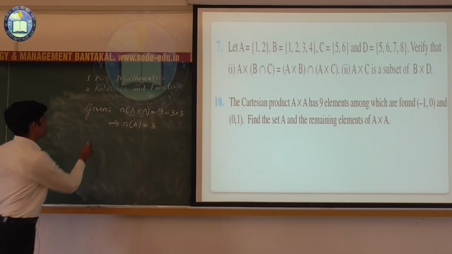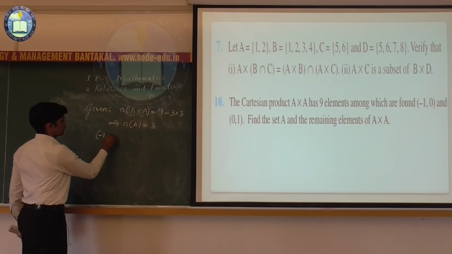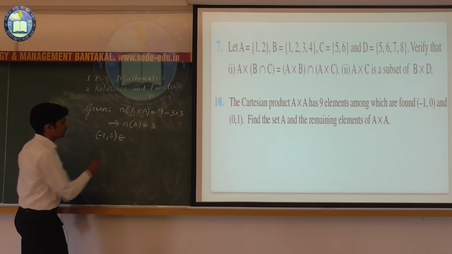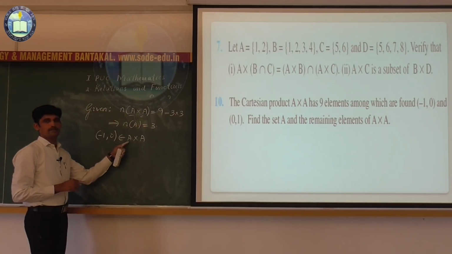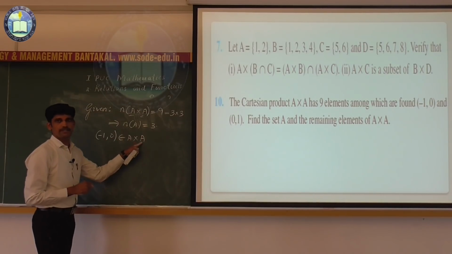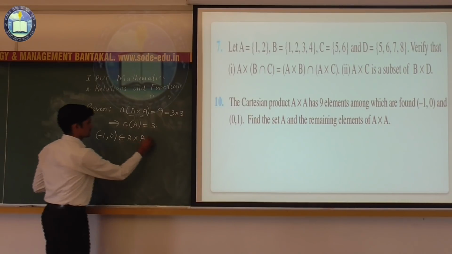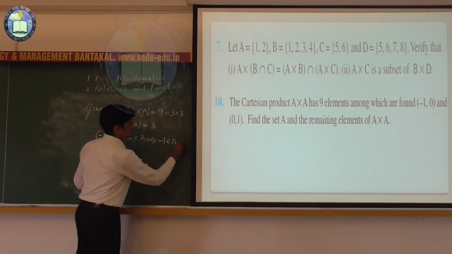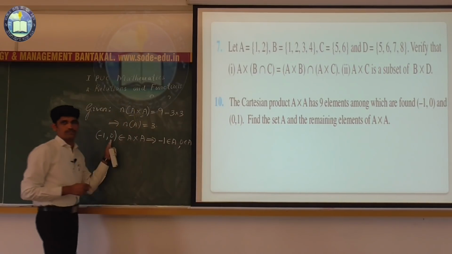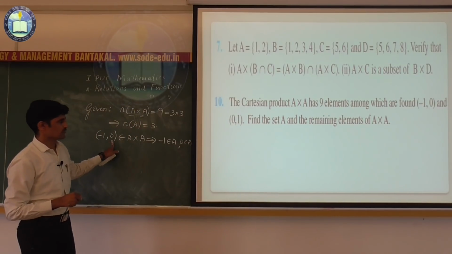Now, (-1, 0) belongs to A cross A, is an element of A cross A. This implies -1 is an element of set A, 0 is also an element of set A, by the definition of the Cartesian product of two sets.